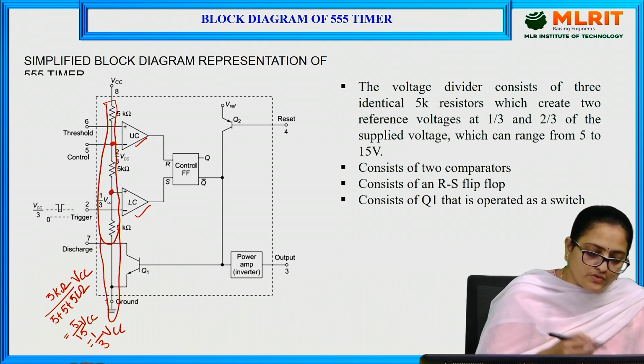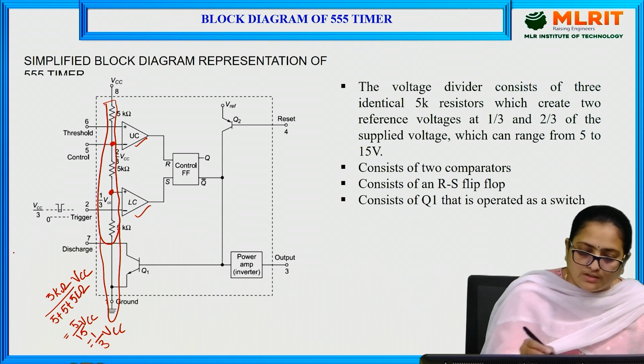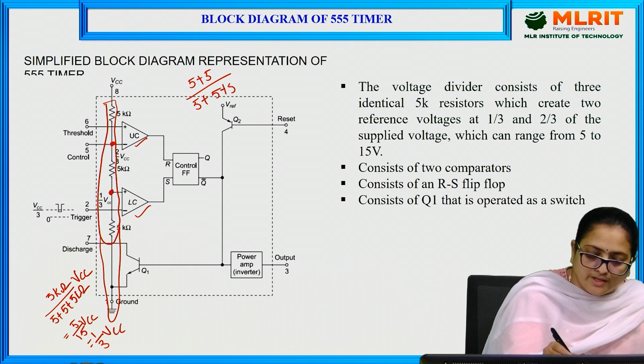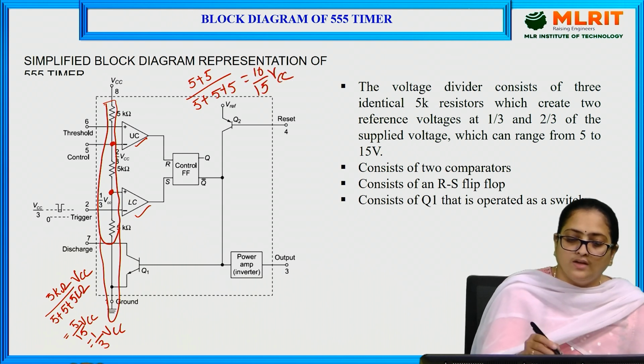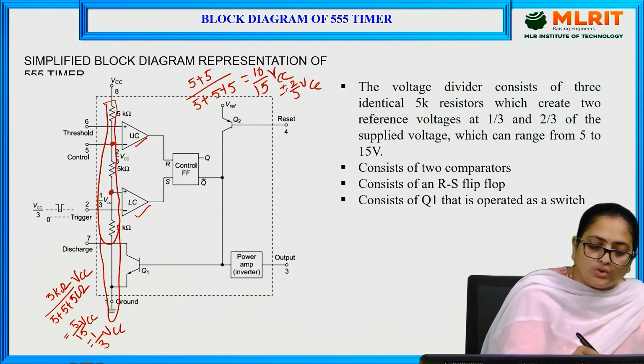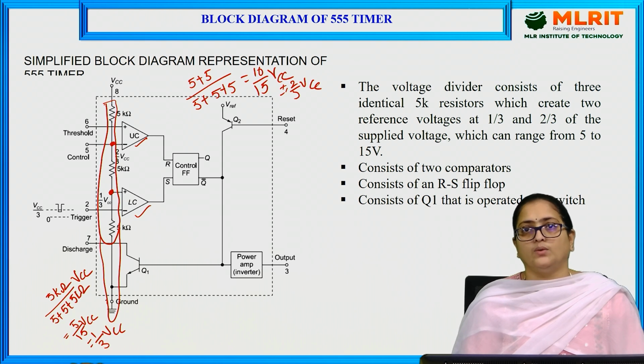The opposite resistance is 5 plus 5, divided by the total resistance value 5 plus 5 plus 5, which is 10 by 15. The opposite voltage is VCC, so it can be given as 2/3 VCC. So 2/3 VCC is the fixed value which we are giving to the inverting terminal of the upper comparator.